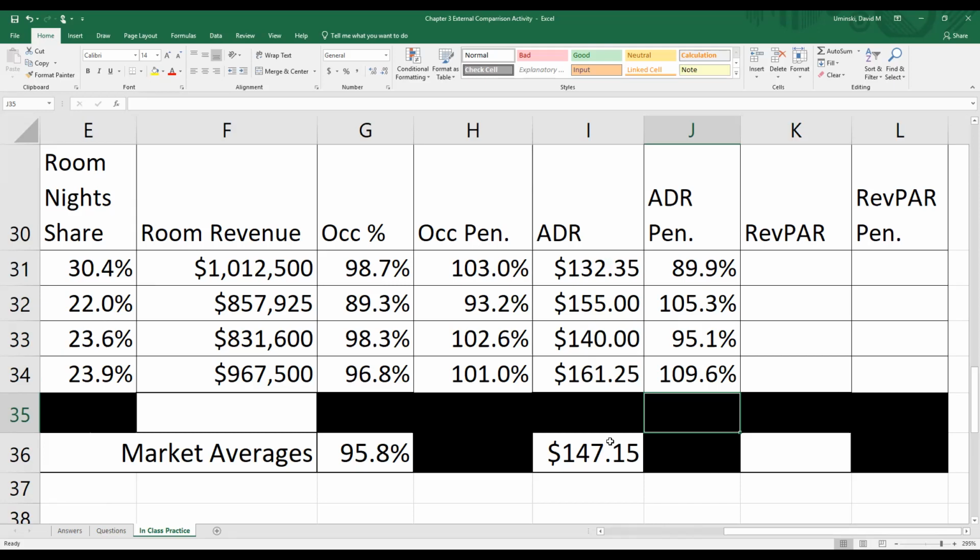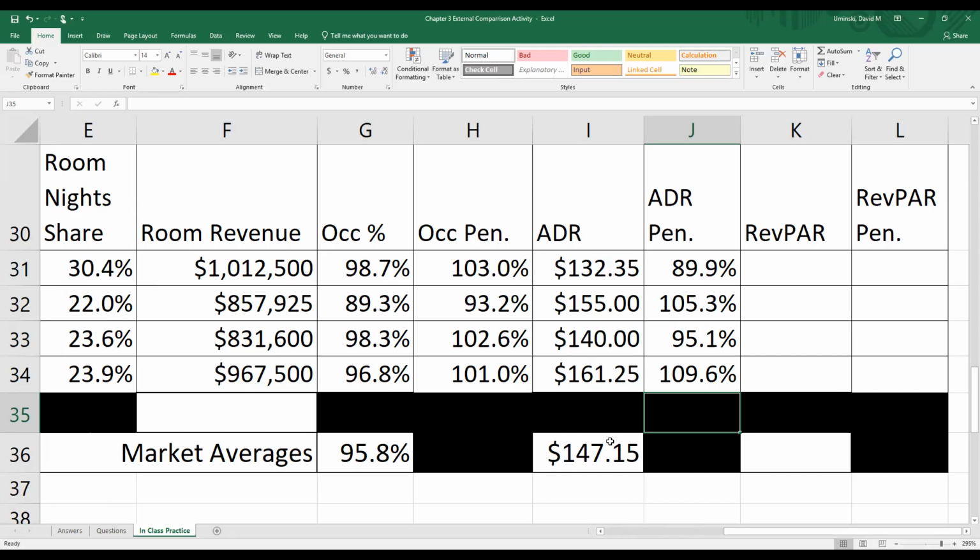But let's take a look at Hotel D. Not only did Hotel D perform over 100% on occupancy penetration, they also had the highest average daily rate, and they still got more than their market share. And they were still above the average occupancy percentage. So whatever Hotel D did in their strategy, it worked, right?